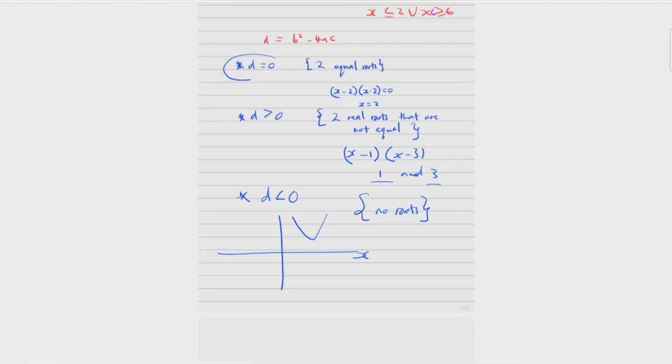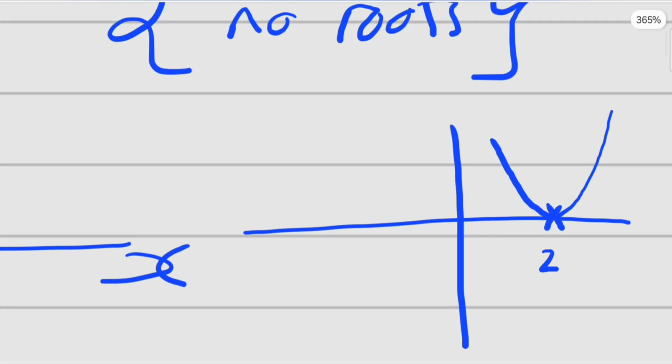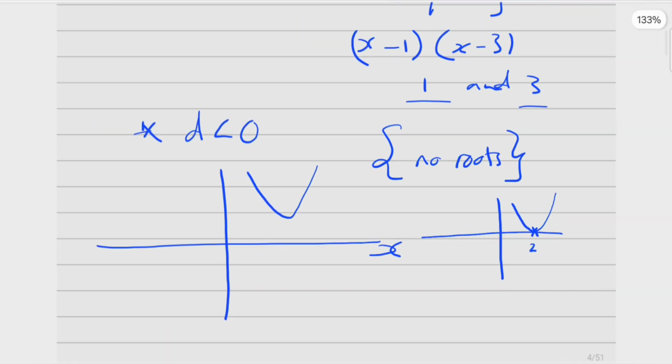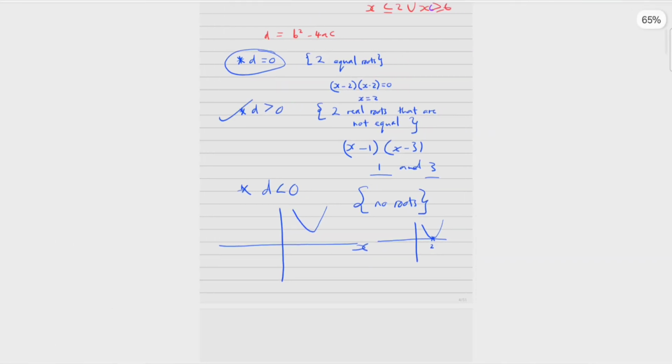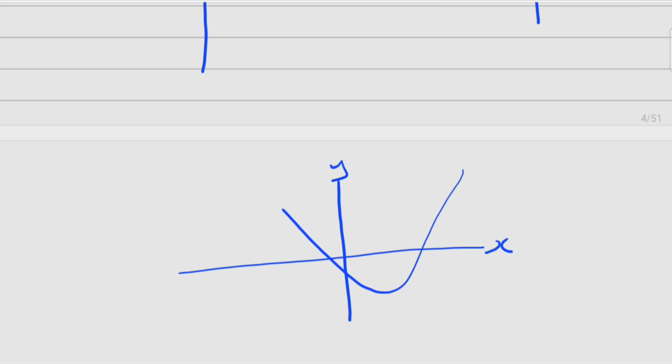And for when the discriminant is equal to 0, where we have two equal roots, the sketch will be looking like this. So it's touching at that point, right? And according to our example, let's say this is 2. So this will be x equals 2 twice. It's not cutting through the x-axis, but it's touching the x-axis at x equals 2. And for this case, where the discriminant is greater than 0, the sketch would look like this, right?